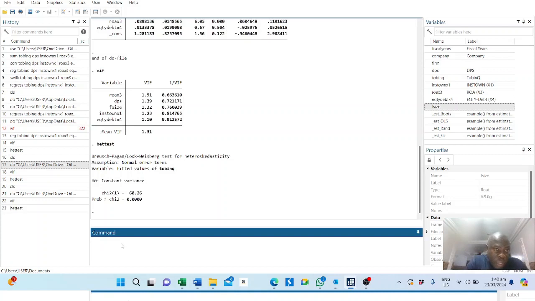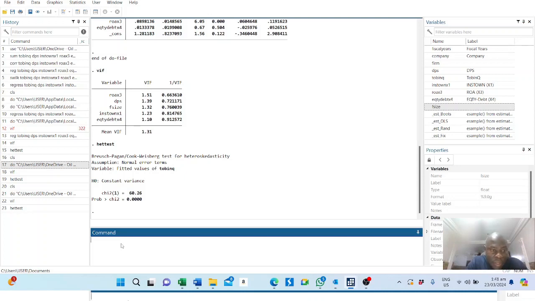Now we have the result for the test, and this is the Breusch-Pagan/Cook-Weisberg test for heteroskedasticity, and the assumption is normal error terms, variables: fitted values of Tobin's Q. The null hypothesis is constant variance.